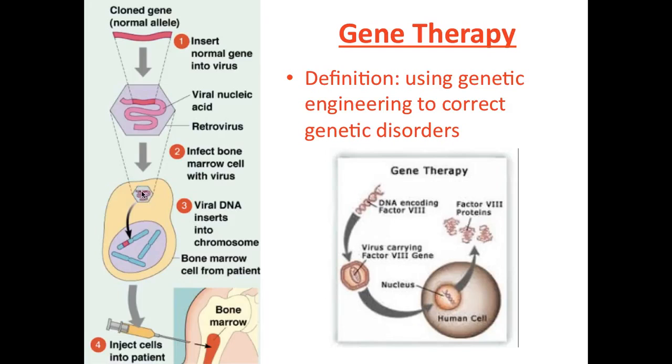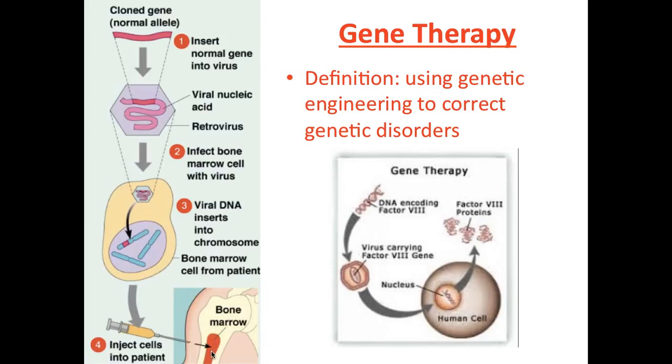Now, because we've injected this gene of interest into the virus, it goes bloop and inserts it into the chromosome of the host cell. And then we can take many of these cells and inject them into the patient.